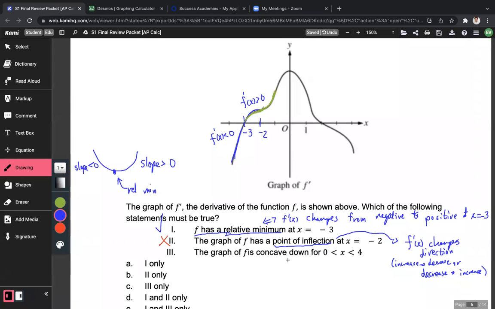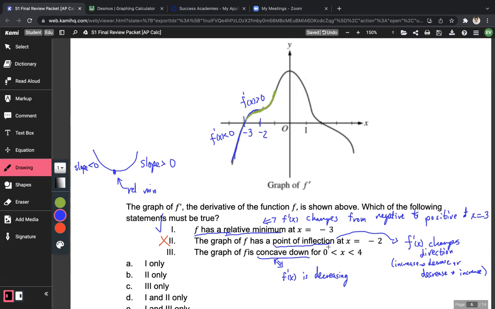Last one, graph of f is concave down. All right. So if we're concave down, we know that means our second derivative is negative. If that's true, that's going to mean, if and only if, this only occurs if f prime of x is decreasing, right? If f prime of x is decreasing, then f double prime of x will be negative, and that all connects to the parent function being concave down.